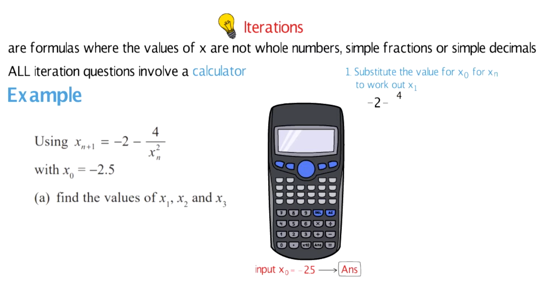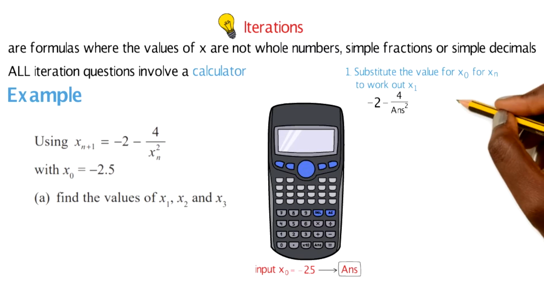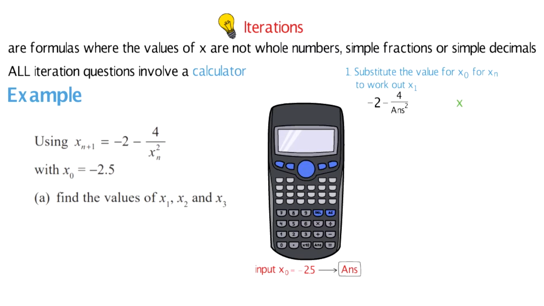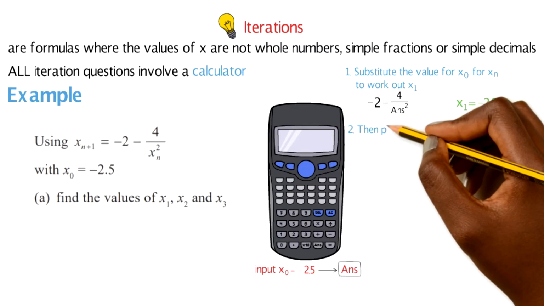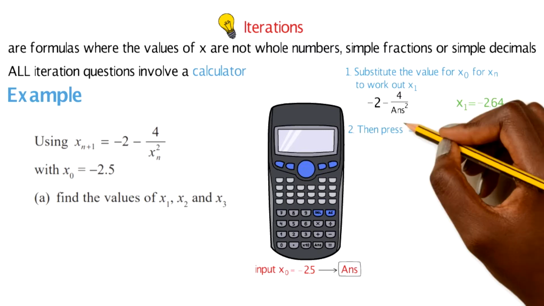This is why I've given you the shortcut of putting in x0 as ans, just to save you from typing out the number again. So then put in the ans squared, and you should be left with a value of x1 being equal to minus 2.64.